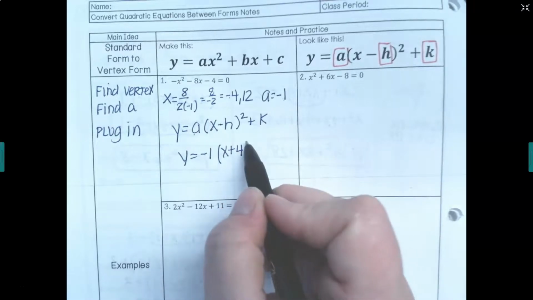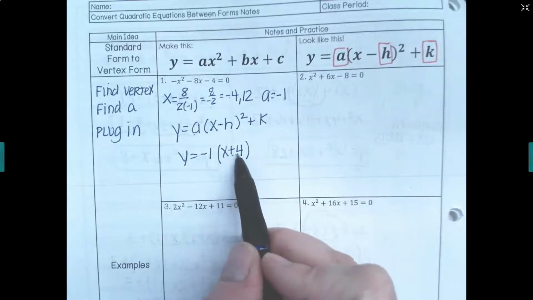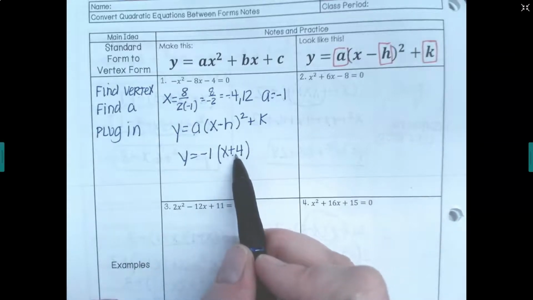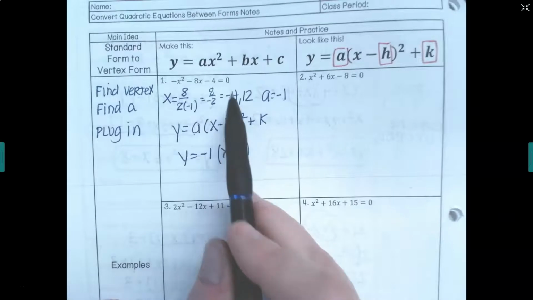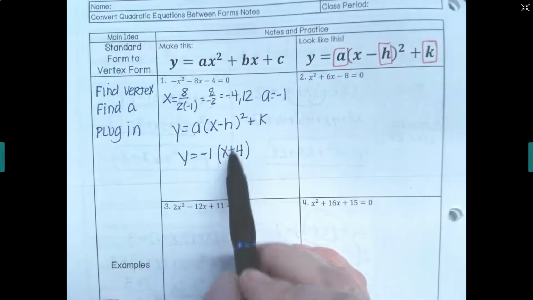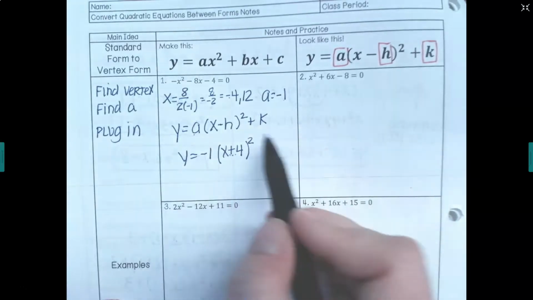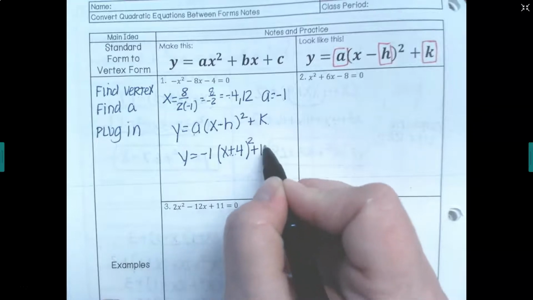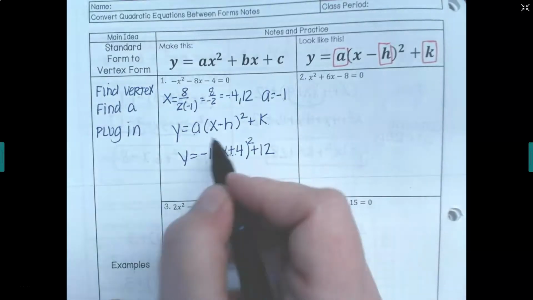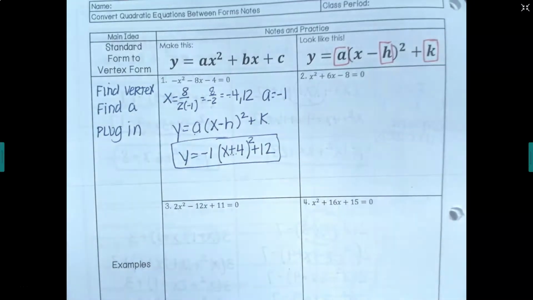Because remember when we were taking the vertex out from our vertex form, we always had to change the sign opposite. So when we put it back in, we're going to change the sign opposite. So out here it's a -4, so when it gets put back in, it's a +4. Then we have our squared, and then we have whatever our k is, which is a +12. And that is done. That is in vertex form.